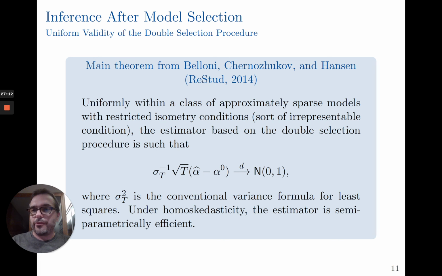And the main theorem from their paper is that once you do the double selection, you're going to have the usual central limit theorem kicking in, so alpha hat will be asymptotically Gaussian, and you can use just the standard inferential procedures that you do when you're conducting a t-test.